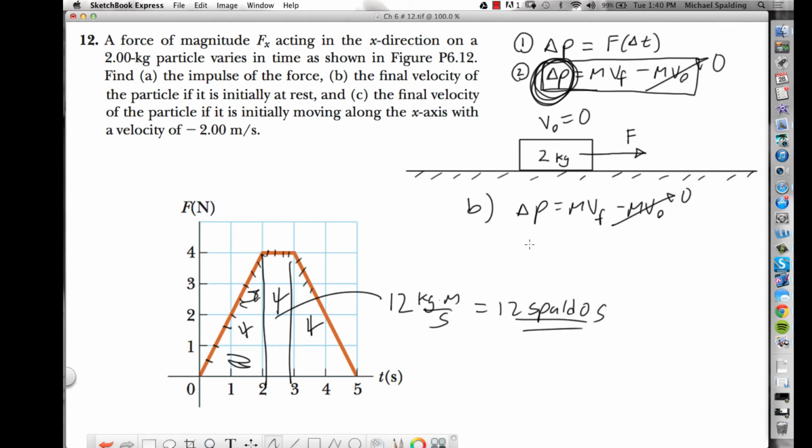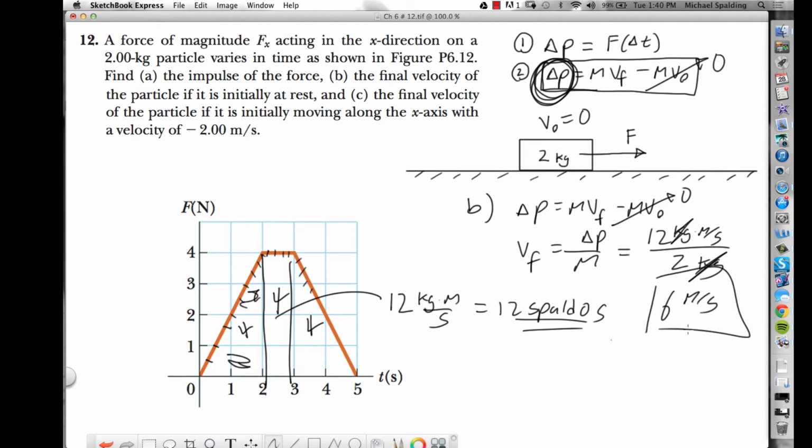That's 0, so we're looking for v final, which is change of momentum over m. The change of momentum was 12 spaldos, kilogram meter per second, over 2. What happens to the kilograms? They cancel and you get 6 meters per second. Bam.